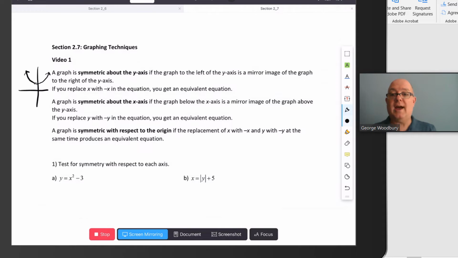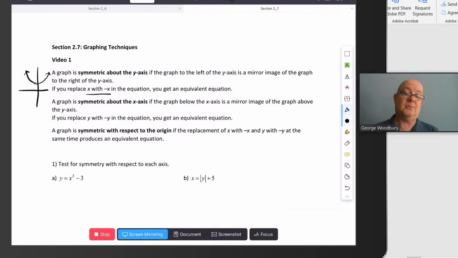For the y-axis, the way that we check that is we're going to replace x with negative x in the equation. If we get an equivalent equation, that means it's symmetric about the y-axis. So whatever axis you're checking, substitute the opposite of the other variable and see if you get the same equation. For the x-axis, same idea. We're going to put in negative y for y. Do we get the same equation?